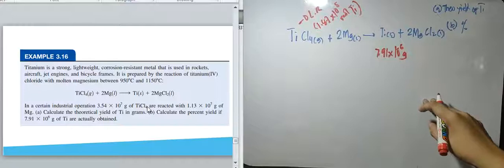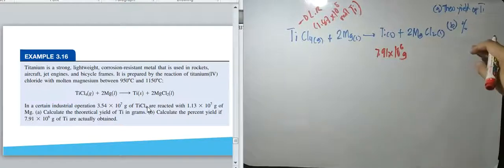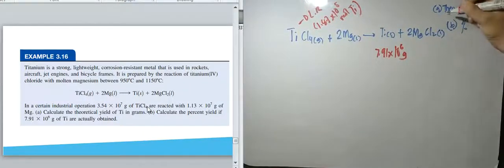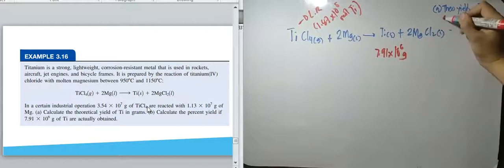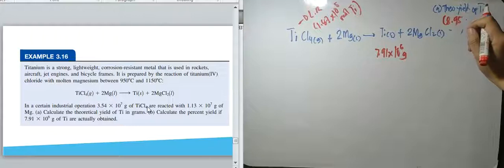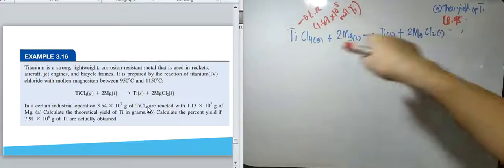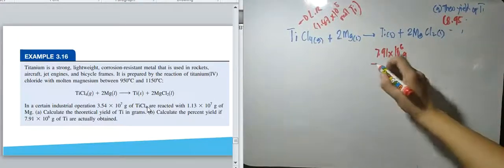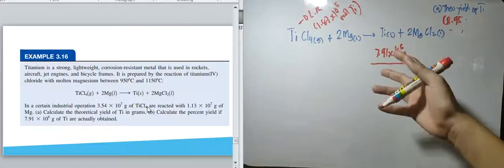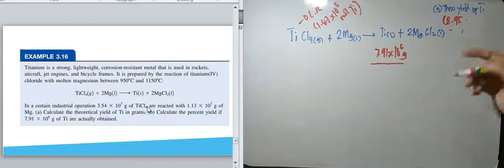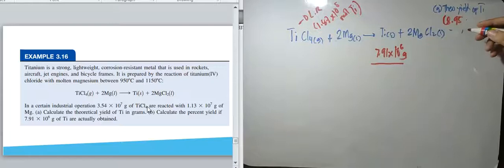It's not the 8.95, which is the theoretical yield, sabi ko nga, the estimated amount based on the chemical reaction. But the actual yield, which is based on the actual process sa industry, is 7.91 times 10 raised to 6.